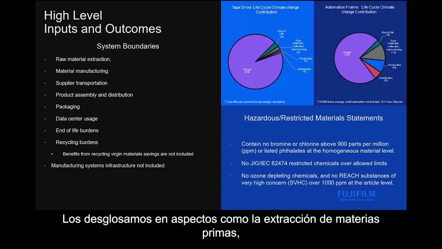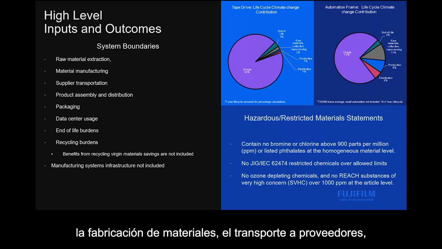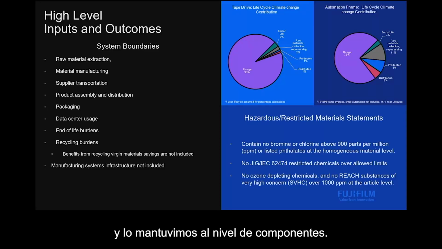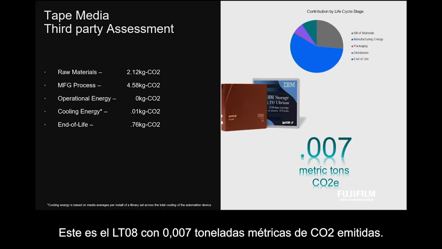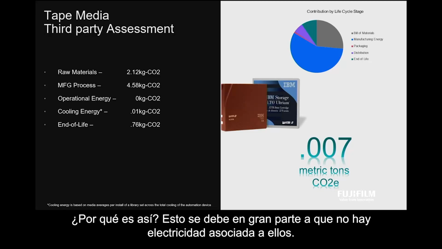We broke them down into things like raw material extraction, material manufacturing, supplier transportation, and we kept it at the component level. We saw Brad John's report. This is the LTO8 with 0.007 metric tons of CO2e being emitted. Why? Most of it means there's no electricity associated with these. Very little.